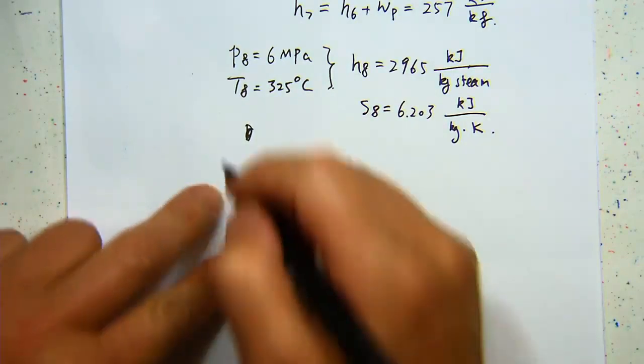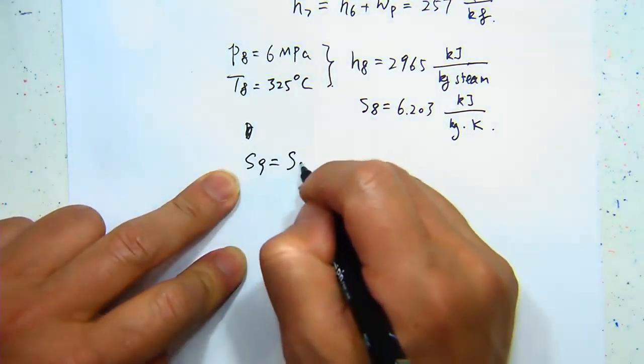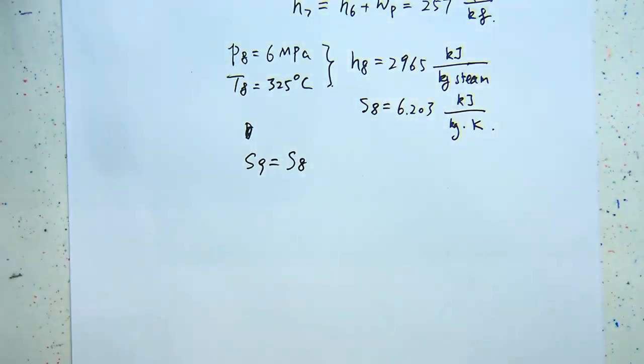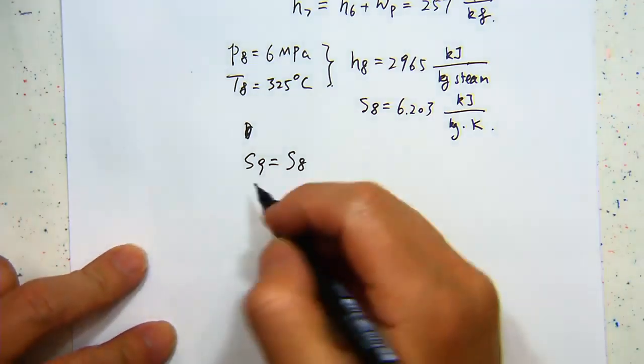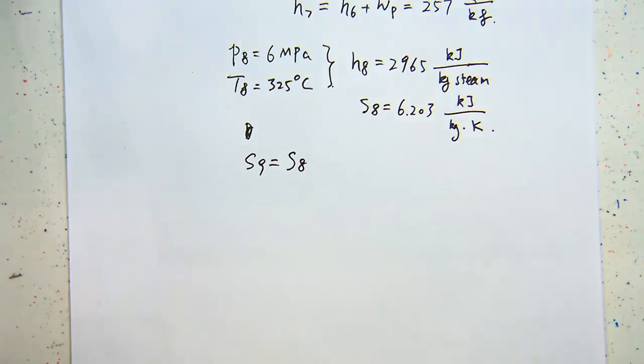Right? So state 9 has the same entropy as state 8, and state 9 is a mixture, so basically the pressure and temperature are known because it's on this horizontal line, right? So how do we do this? What's the next step?